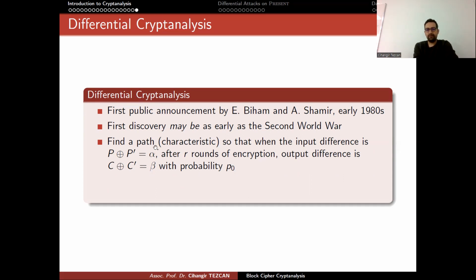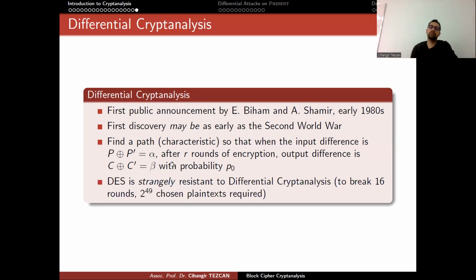And if we find a weakness or a characteristic saying that after our rounds of encryption, the output difference of the ciphertexts, where C is the encryption of P and C prime is the encryption of P prime, there shouldn't be any relation between these two ciphertexts. But if their XOR is beta with probability p, which will be something high, then we can use this information to distinguish the cipher from a random permutation, and then we can convert it to an attack.